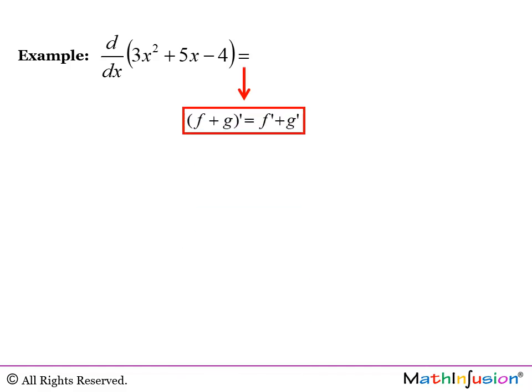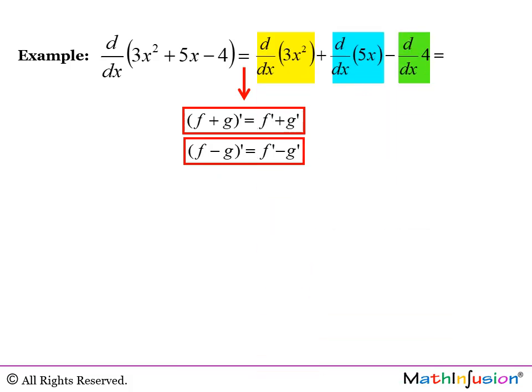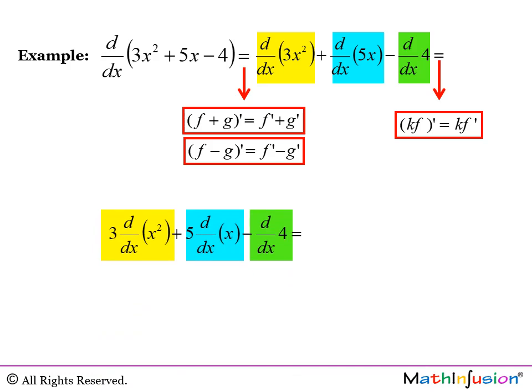First of all, we can use the sum rule and the difference rule to get that. Now we are going to use the constant rule. In the first one, the constant is 3, in the second one, it's 5. Now we know how to differentiate each one of those using the power rule.